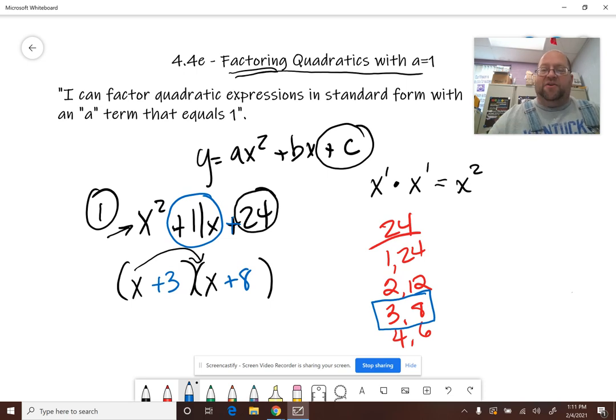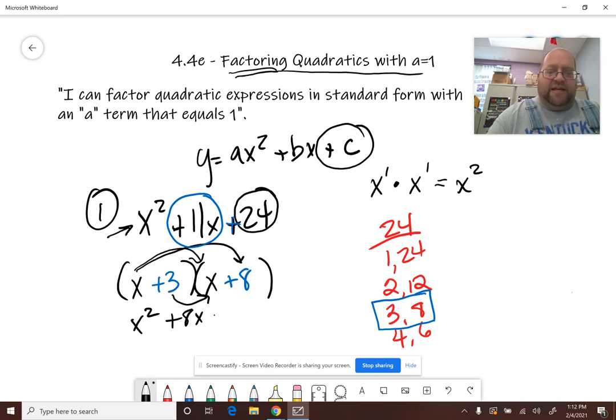Now, again, how do we determine whether that is really the answer or not? Well, let's do FOIL. We already know that x times x is x squared. We know that x times positive 8 is positive 8x. 3 times x is 3x, and 3 times 8 is 24, okay?